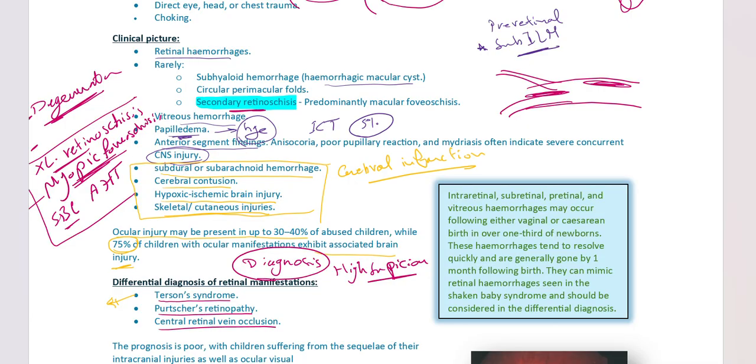Bear in mind that retinal hemorrhages can happen after normal, uneventful vaginal or cesarean delivery. This happens in one third of newborns and usually resolves by around 1 month. So this needs to be on our differential diagnosis.